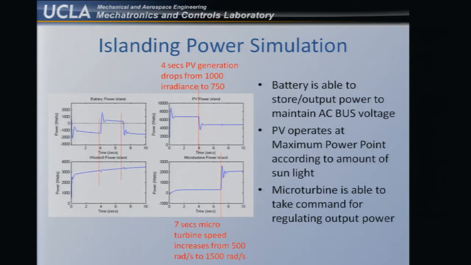This shows another simulation for islanding mode. The interesting thing is that when the PV power is reduced, the battery power makes up for that, right? Of course, this is by the higher level power management that gives the reference power to each DER.